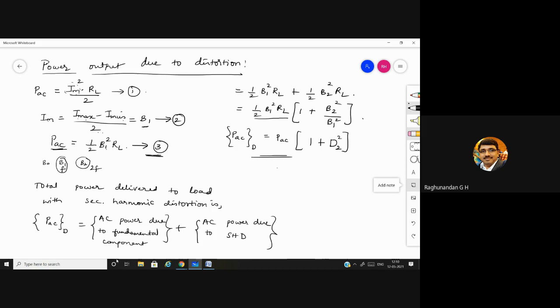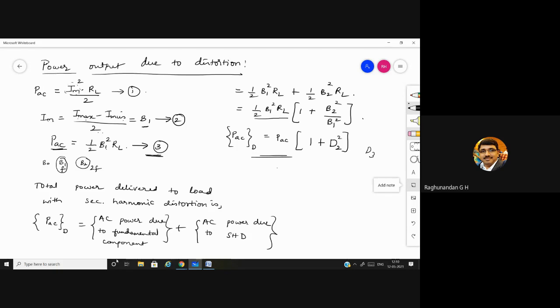These are the different harmonics. This formula is for the second harmonic, where D2 indicates second harmonic distortion. If you extend to more harmonics, you will take D3, with the same formula using the ratio B3 by B1.